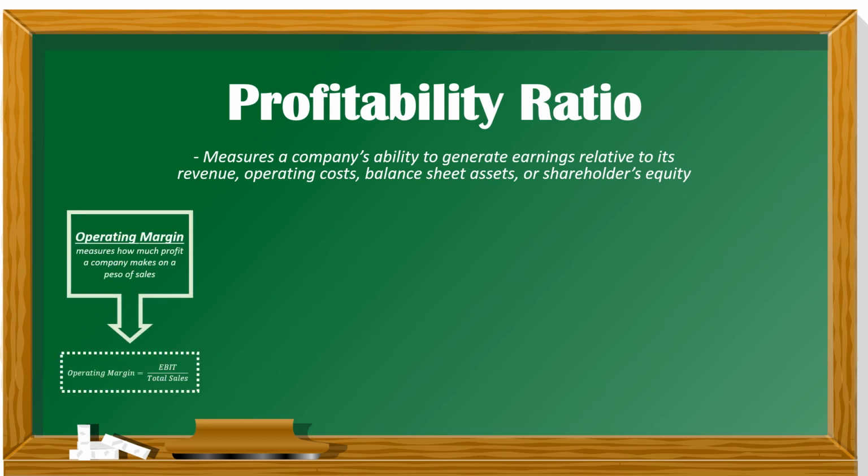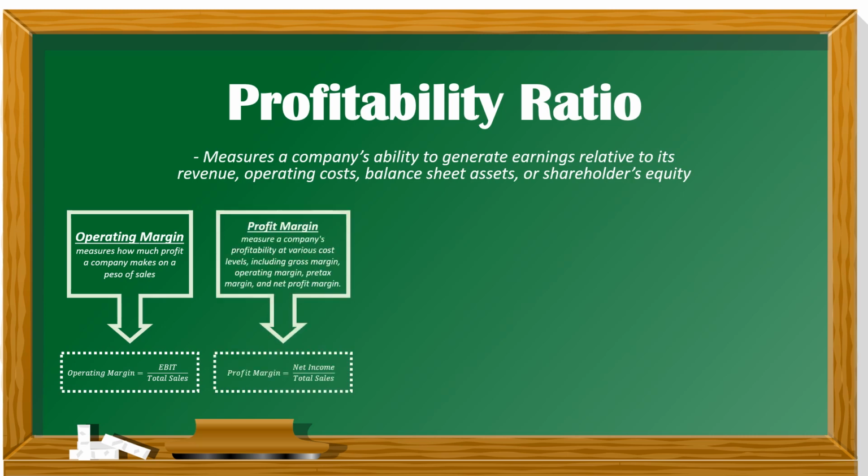First off, we have here the operating margin. The operating margin measures how much profit a company makes on a peso of sales. So basically, operating margin is equal to the EBIT, or again, the earnings before interest and taxes, divided by its total sales. Next, we have here the profit margin.